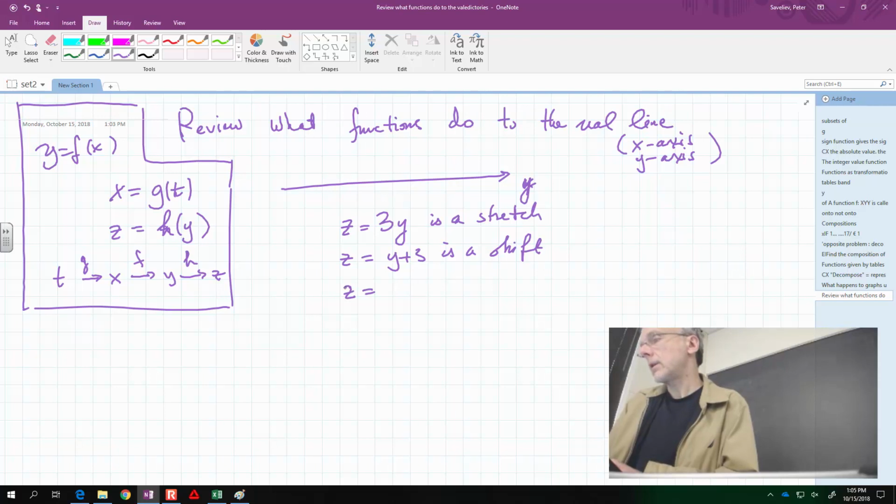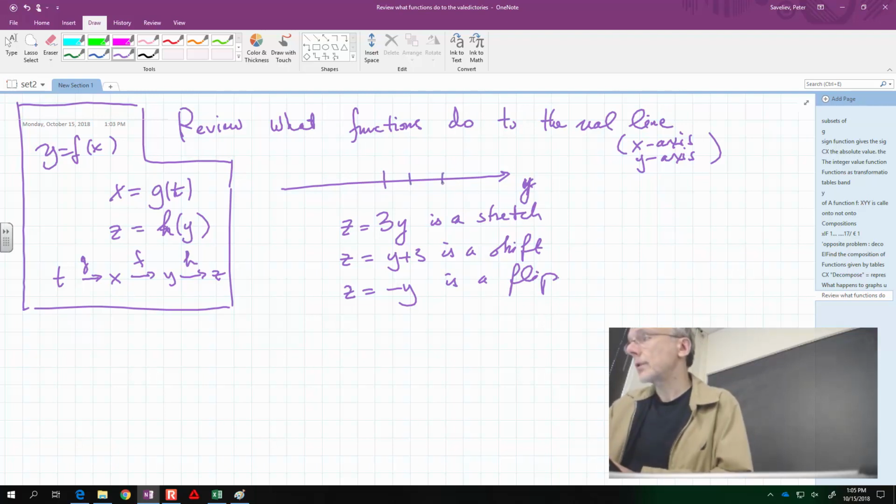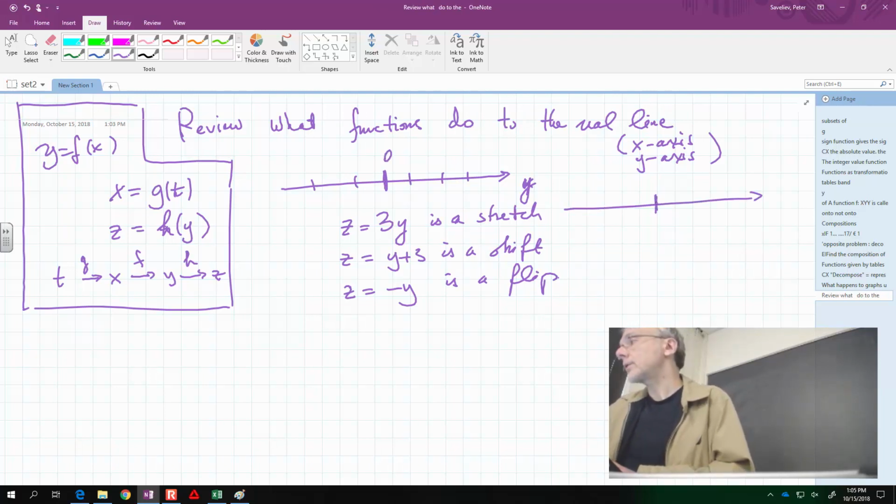And z equal negative y is a flip. So stretch: if it was distributed uniformly, then the result is still distributed uniformly, but the distances have tripled. The shift is the distances remain the same, but the zero is elsewhere now. That's the shift.